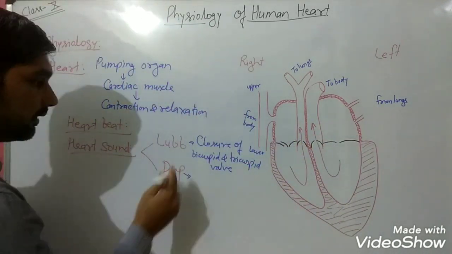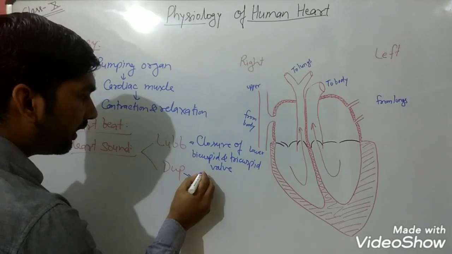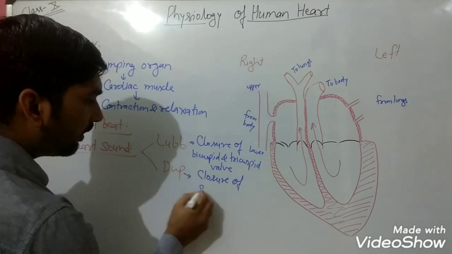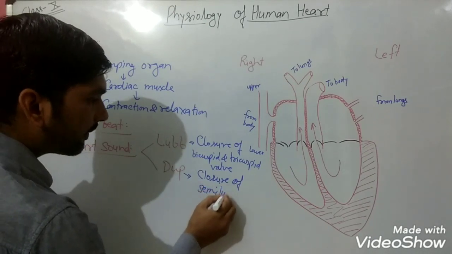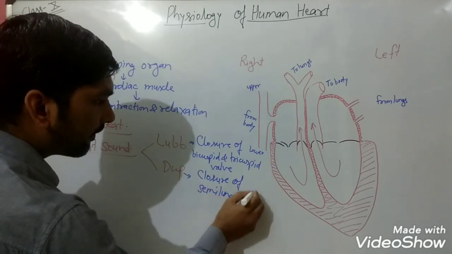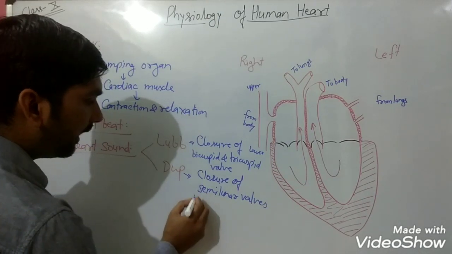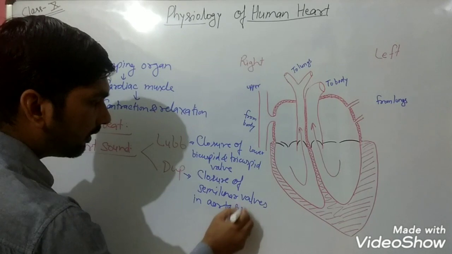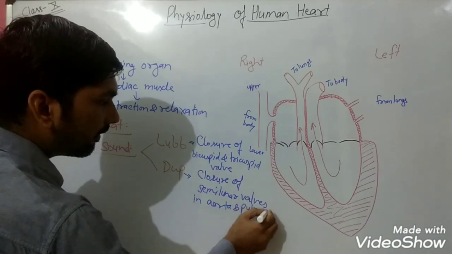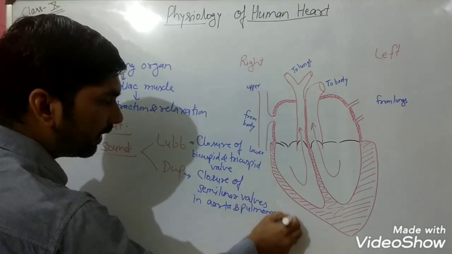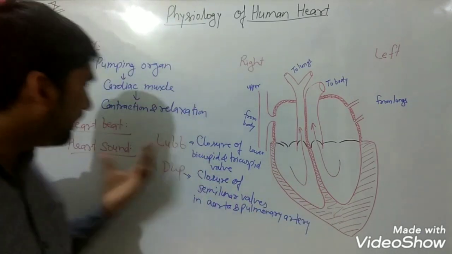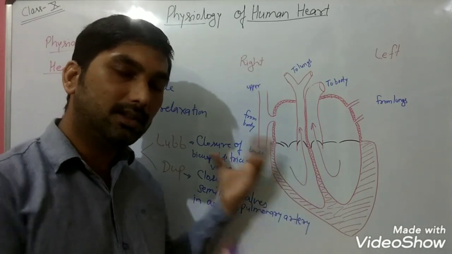So dub is the sound heard during the closure of the semilunar valves in the aorta and pulmonary artery.